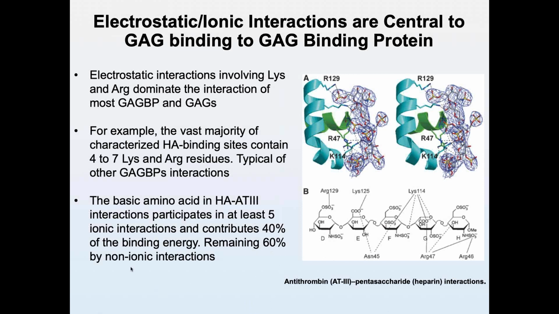These include hydrogen bonding, also hydrophobic interactions, and van der Waals interactions. So even though the ionic interactions are very important, other interactions beyond ionic interactions are also required to stabilize the interaction between GAG and these GAG binding proteins.